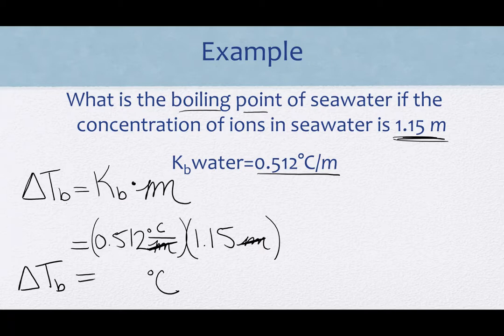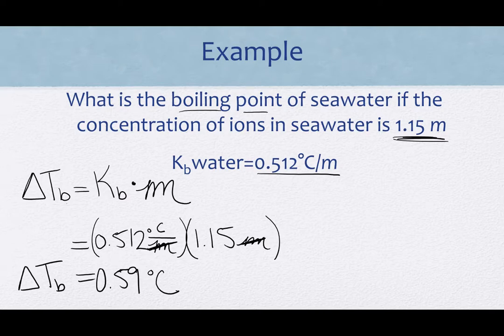So let's go ahead and plug this into our calculator. So we've got 0.512 times 1.15 equals 0.59 degrees Celsius.